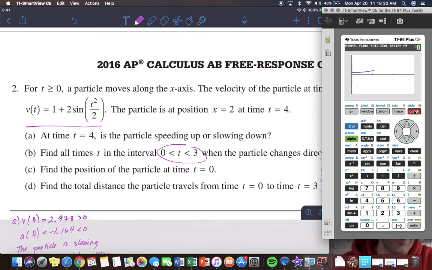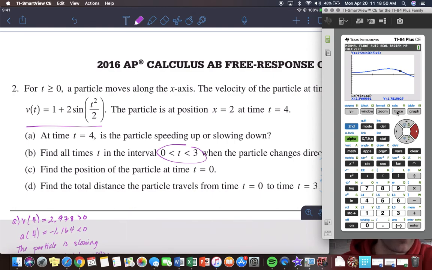So here's the graph. Okay. And I want to figure out when it changes signs. It looks like it changes signs at this point here. So to find that 0, I'm going to go second trace, 0, and I want to go on the left side of the 0. So I'll get as close as I can, within reason, right?